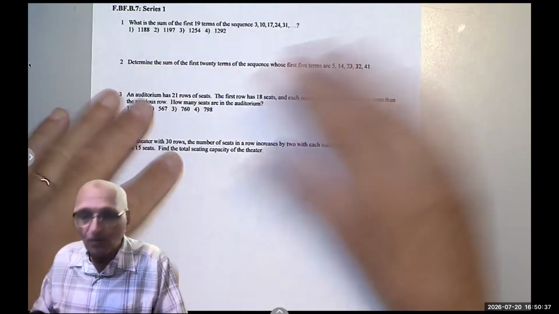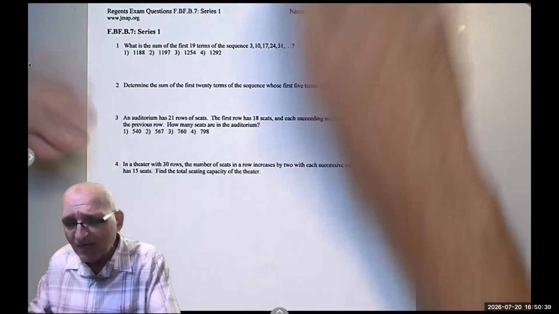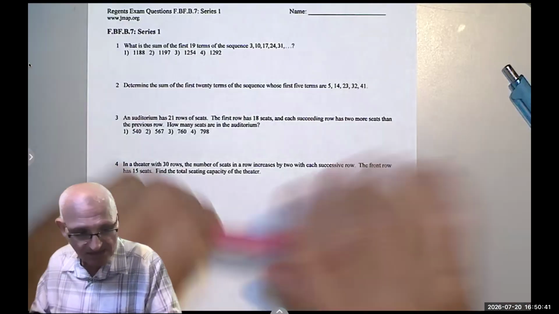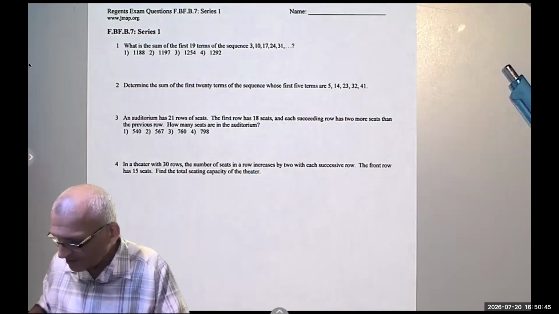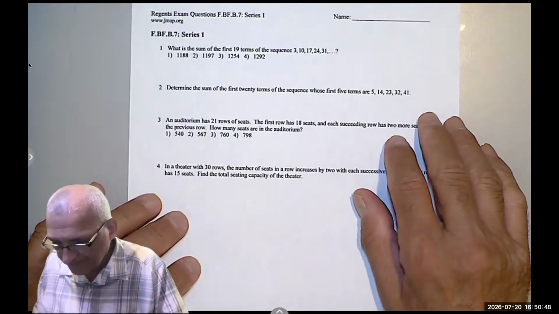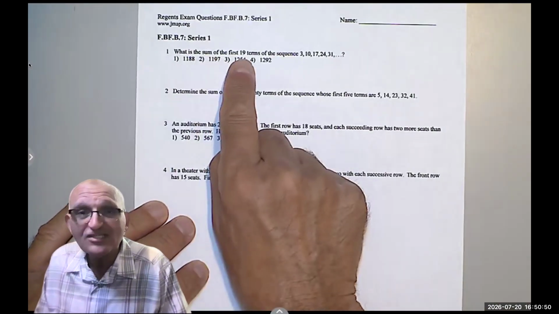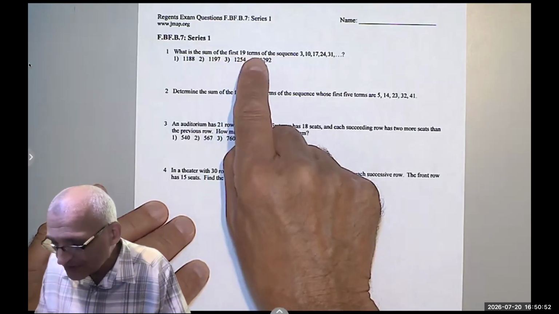So these were about finding a specific term. But what if I want you to find a series? This one is the one that is working. What is the sum of the first 19 terms of this sequence?